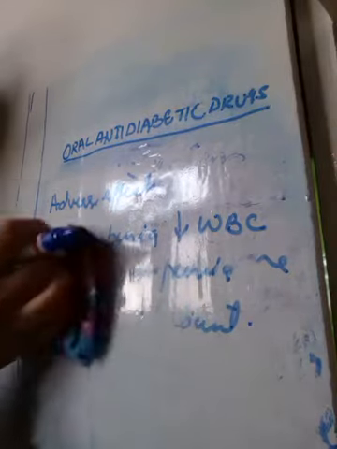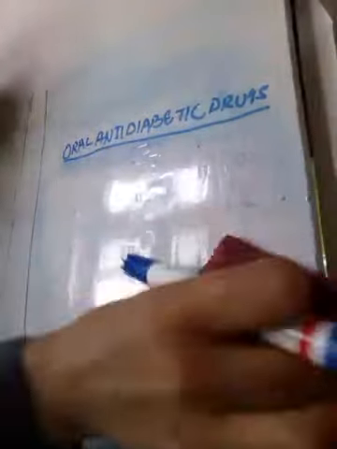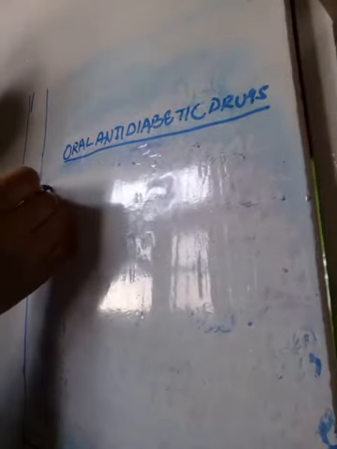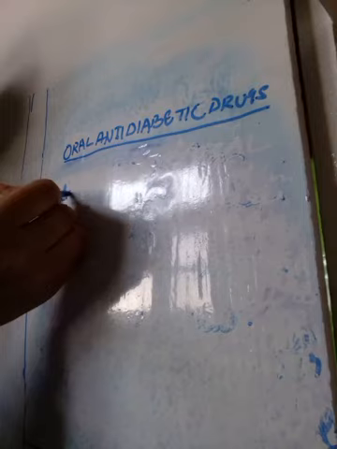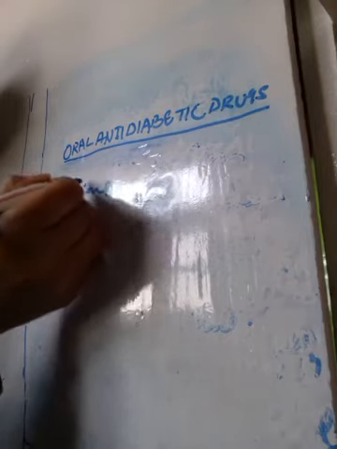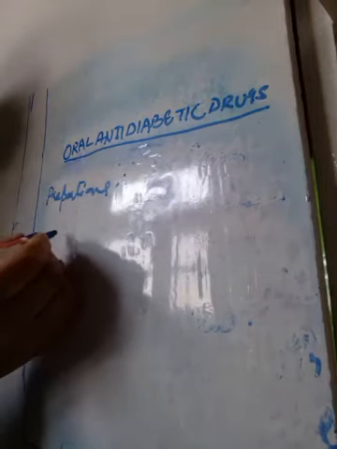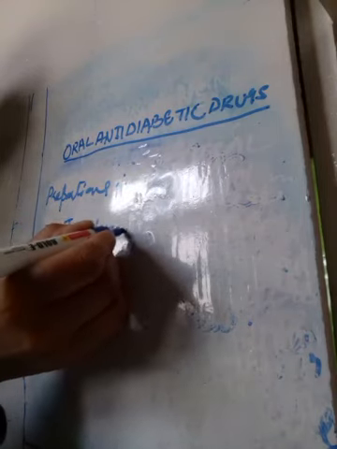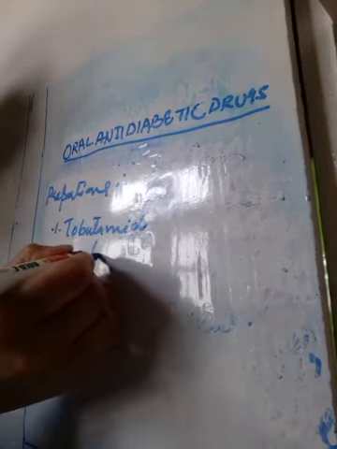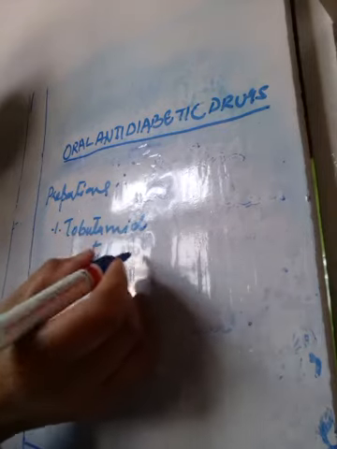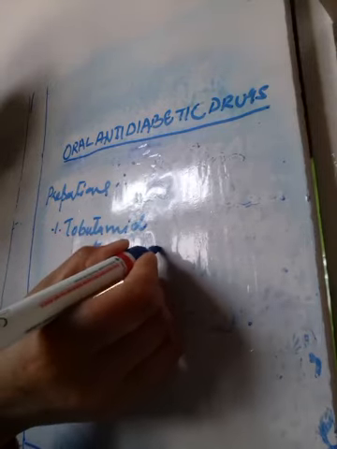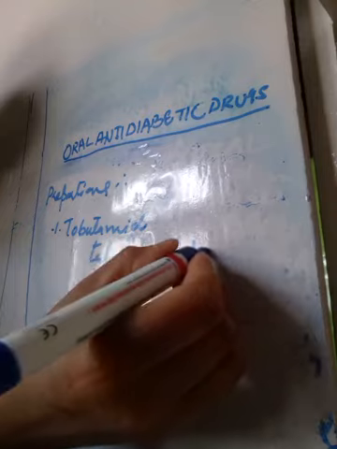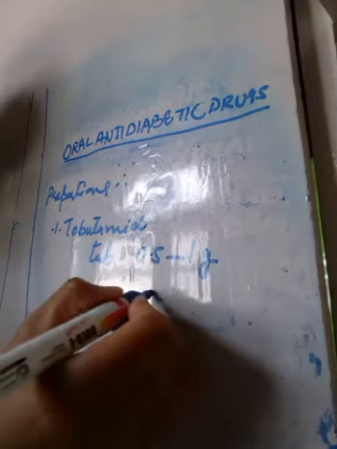Now coming to the preparations of sulfonylureas. Preparations. It comes in tolbutamide tablets, 0.5 grams, 0.5 to 1 gram daily.